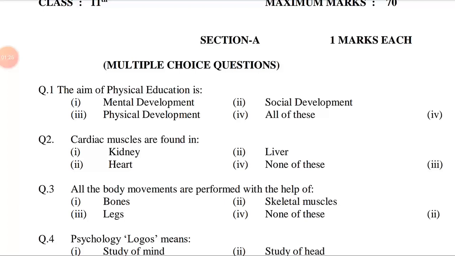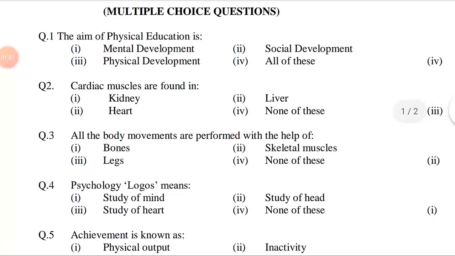Question number 3. All the body movements are performed with the help of option first bones, second skeletal muscles, third legs, fourth none of these. Answer is option second skeletal muscles. Question number 4. Psychology. Logos means option first study of mind, second study of head, third study of heart, fourth none of these.